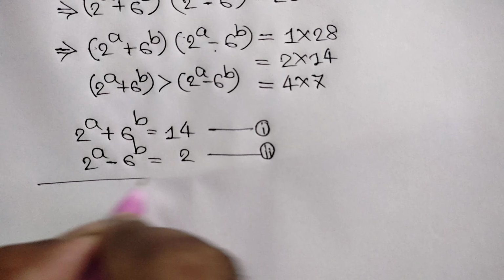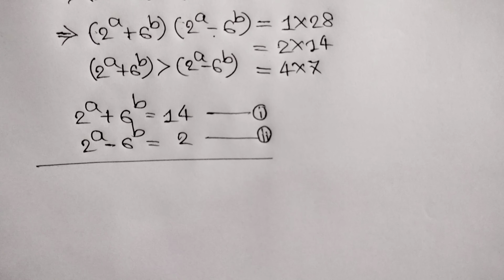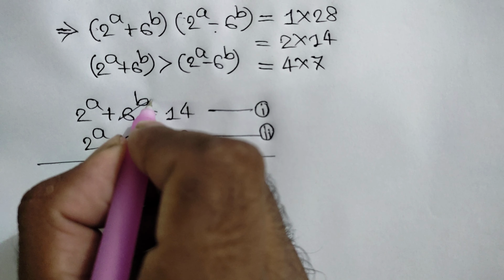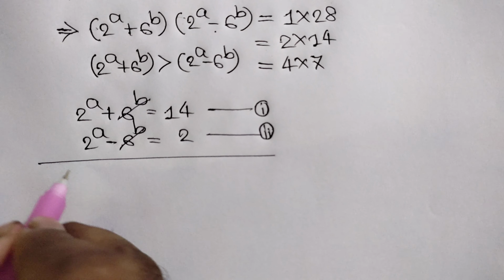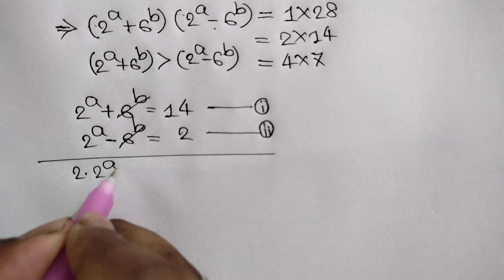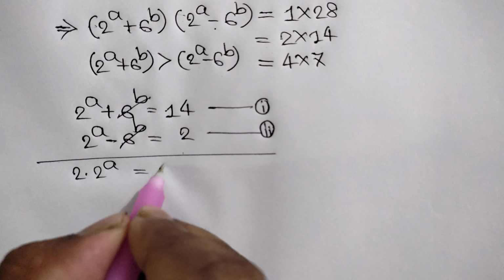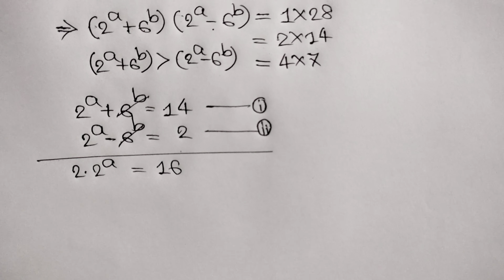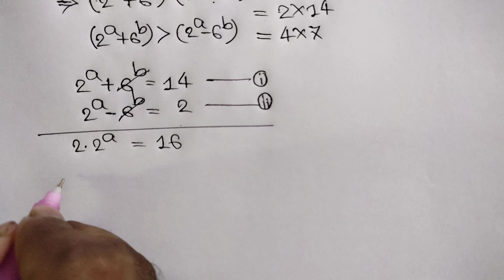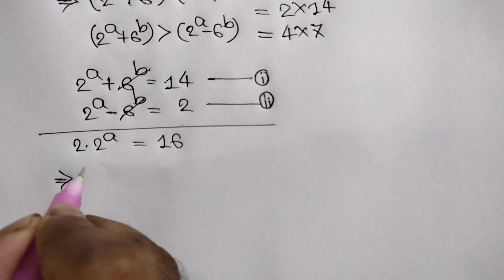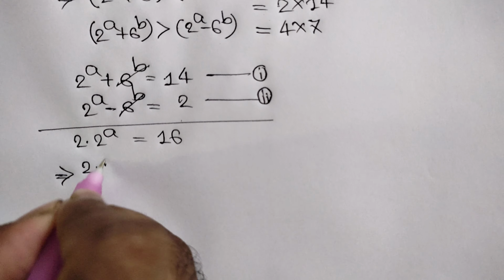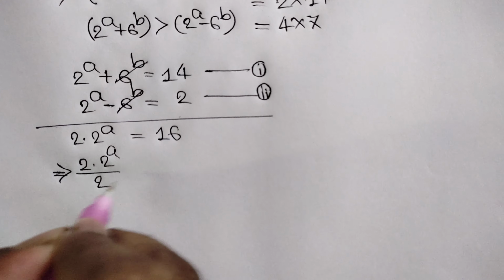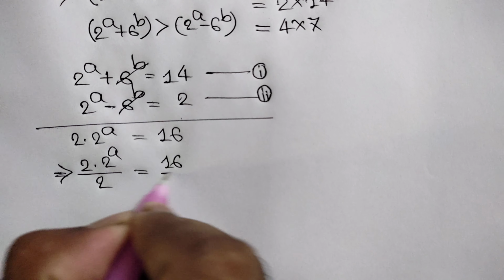Now adding these two equations, the 6 to the power b cancels out, and we will get 2 times 2 to the power a is equal to 14 plus 2, which is 16. Dividing both sides by 2, we can write 2 times 2 to the power a over 2 is equal to 16 over 2.